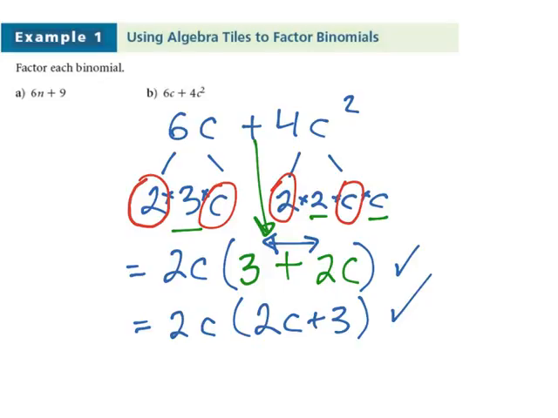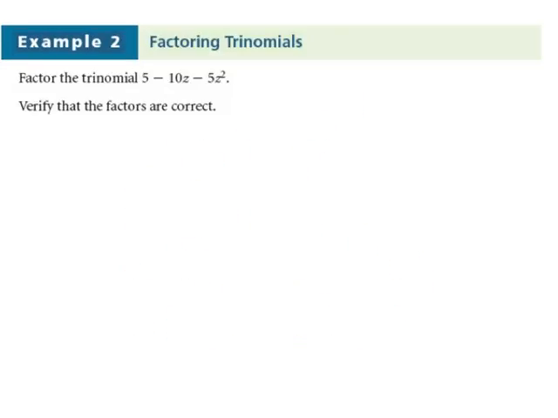Let's take a look at the next example. In this case, we have a trinomial. We have 1, 2, 3 terms. And let's solve this question using algebra tiles. So we have 1, 2, 3, 4, and 5 little squares.